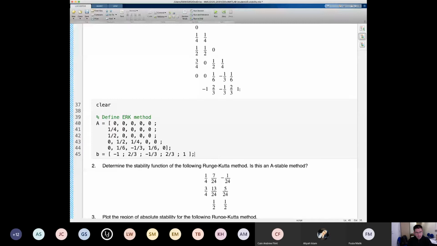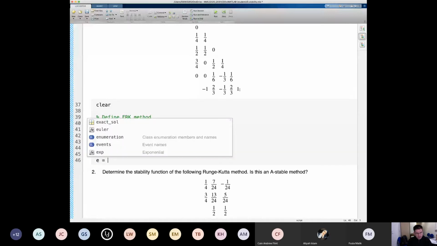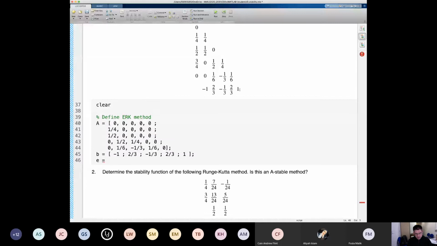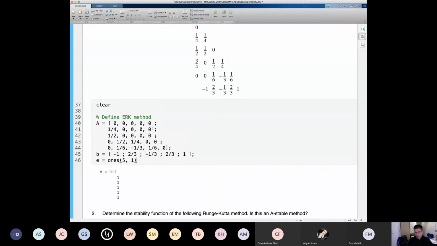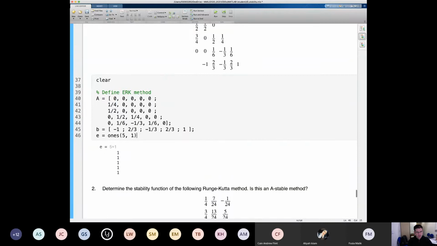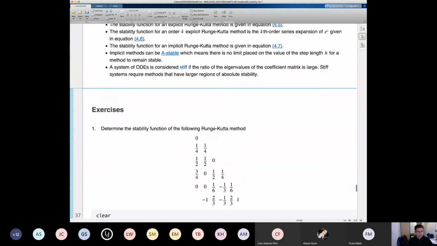I'm also going to define my vector of ones, which is ones with 5 stages and 1 column. If I run that, you can see it gives us a column of ones. Okay, so I've defined the method.